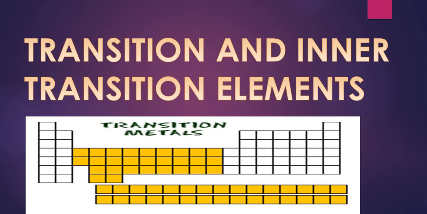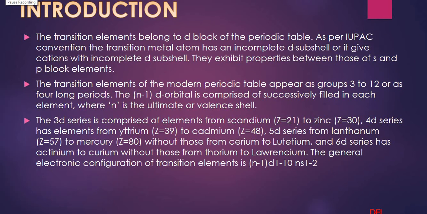The (n minus 1) d orbital is successively filled in each atom, where n is the ultimate or valence shell. The 3d series comprises elements from scandium to zinc, that is from atomic number 21 to atomic number 30.